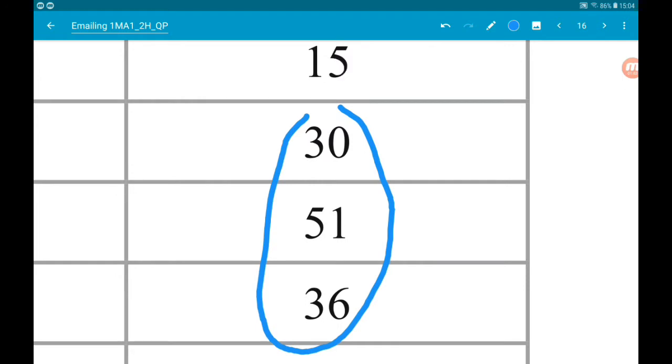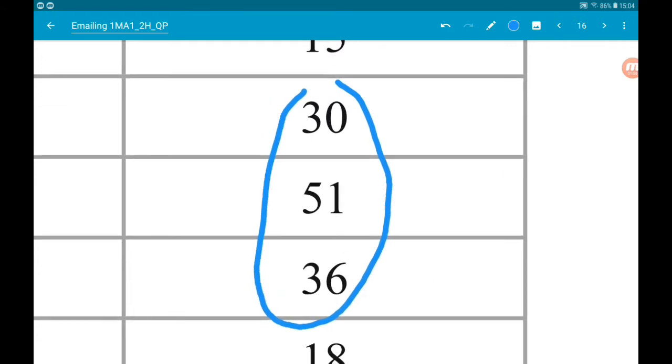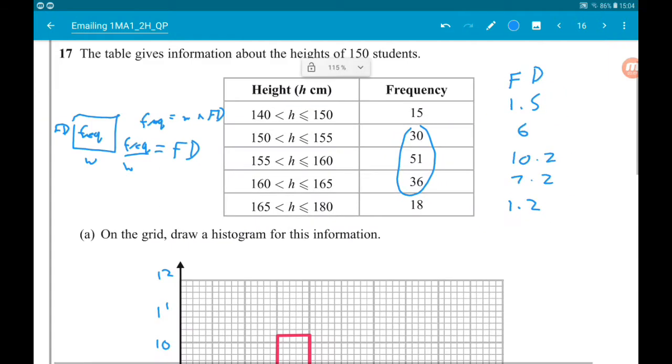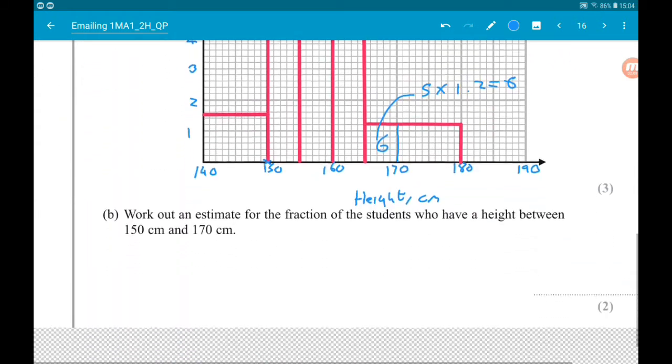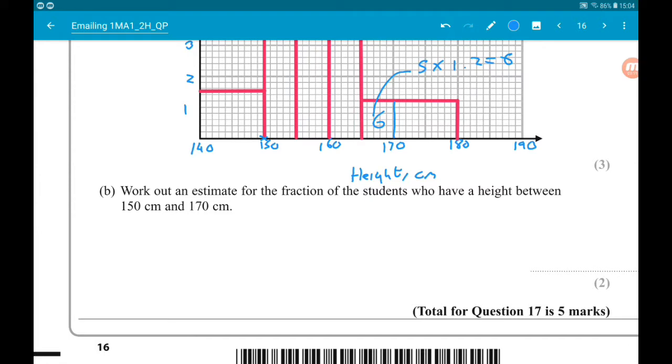So 13 times 6 is 81. 81 add 36 is 117. Add 6 is 123 out of all 150 students.